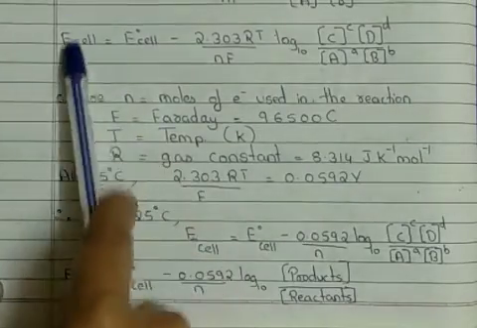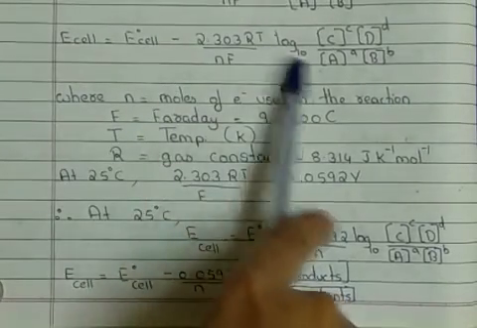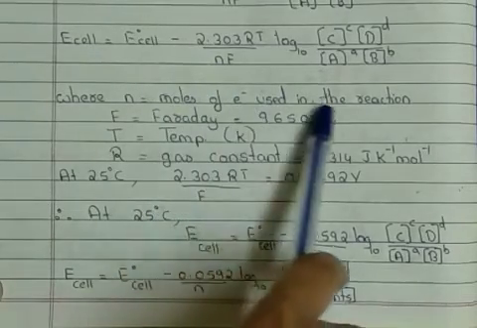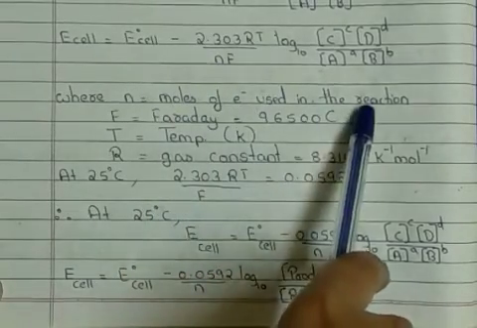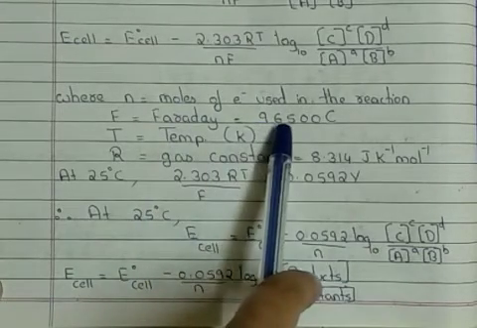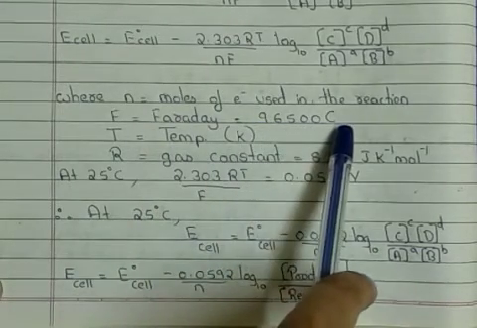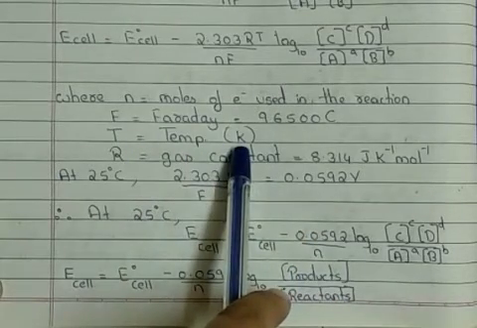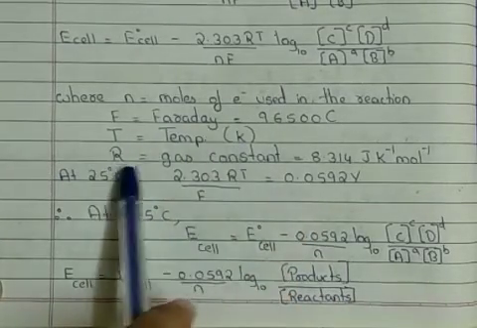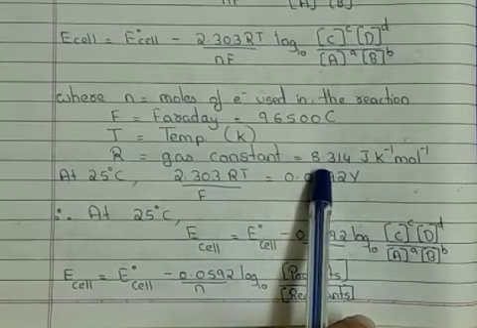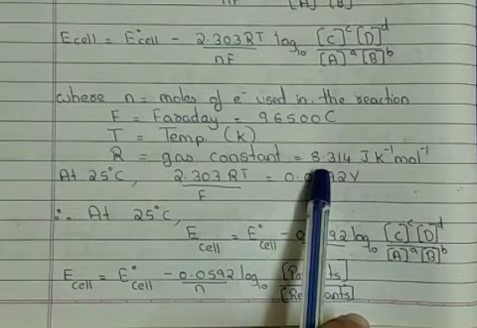Now, in this given Nernst equation, what is n? n stands for moles of electrons used in the reaction. F stands for Faraday's constant, which is equal to 96500 coulombs. T stands for the temperature, which has to be mentioned in Kelvin. R stands for gas constant, whose value is 8.314 joules per Kelvin per mole.